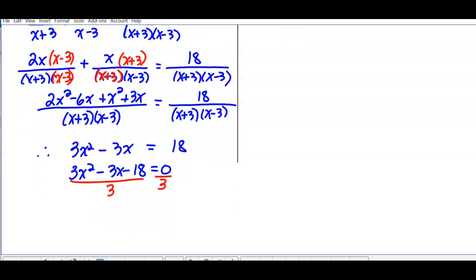You multiply or do whatever you want, but this will end up being easier to factor, right? You divided out that 3. So now factor. Yeah, that's not wrong. Okay, so then this factors.